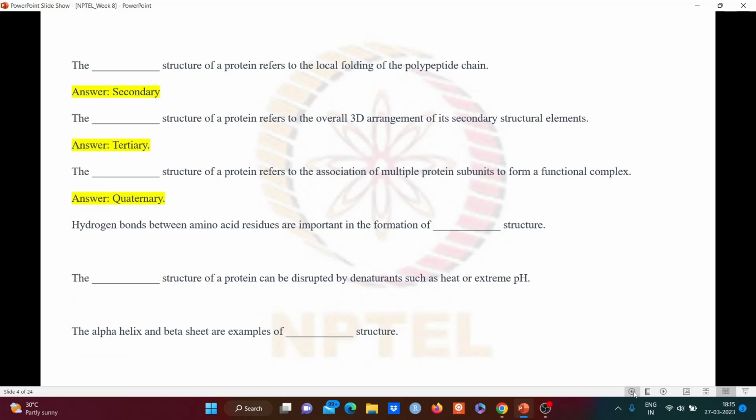Yes, this is the quaternary structure, which refers to the association of multiple protein subunits.